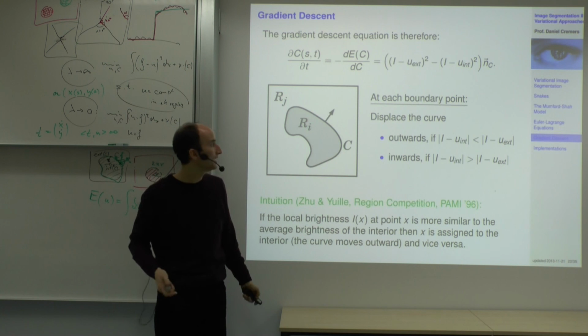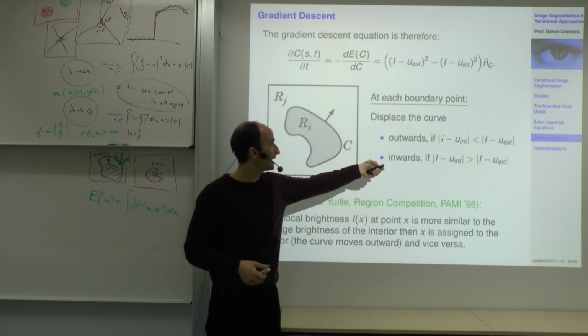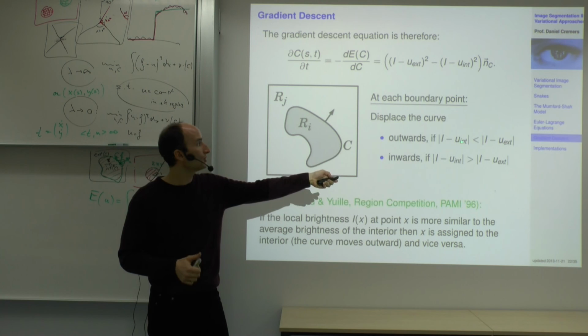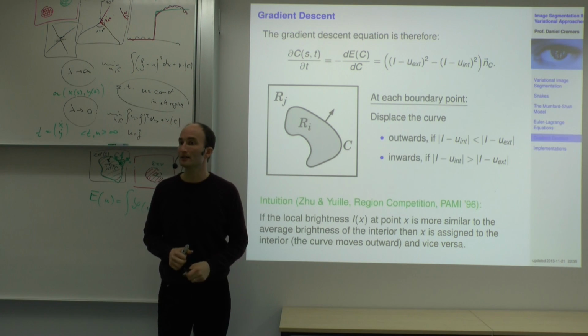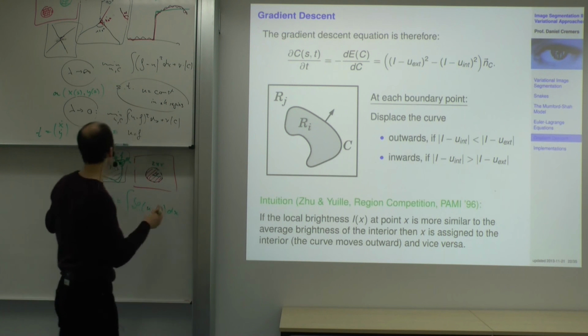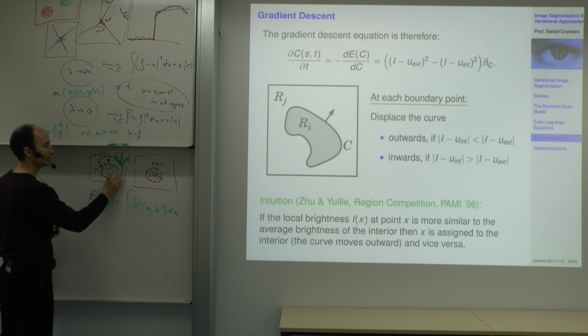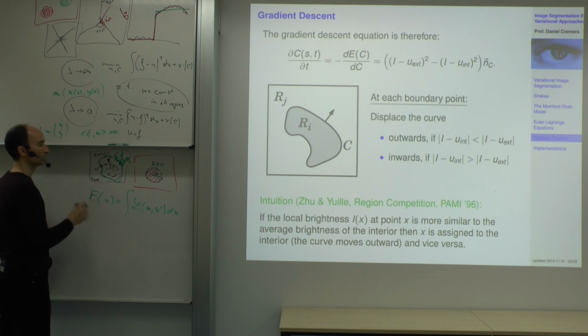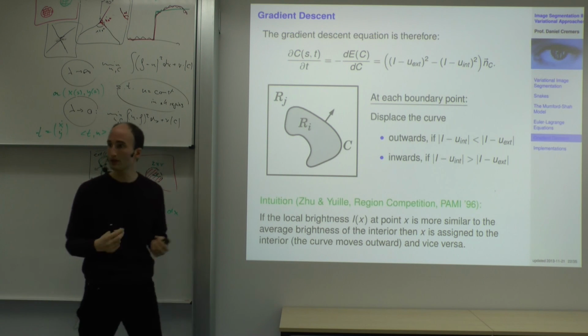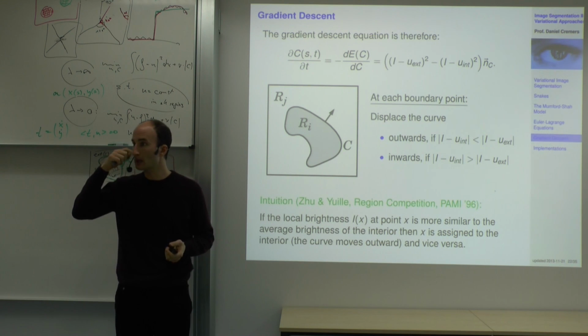What does that mean? It means the intensity at our boundary pixel is closer to the interior intensity than the exterior intensity. And indeed, that's not surprising. If you ask, should I move the curve outward or inward, you check, well, I have a mean intensity U interior here, I have a mean intensity U exterior here, and so what do I want to know? Is that point closer to the inside or to the outside in terms of its brightness?